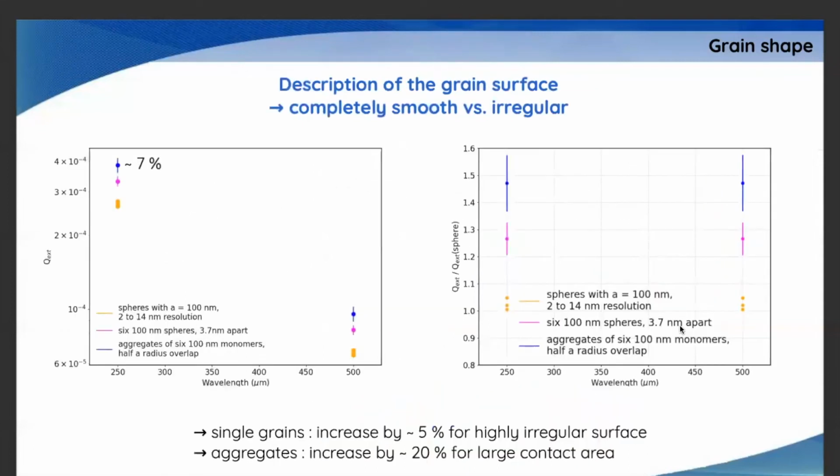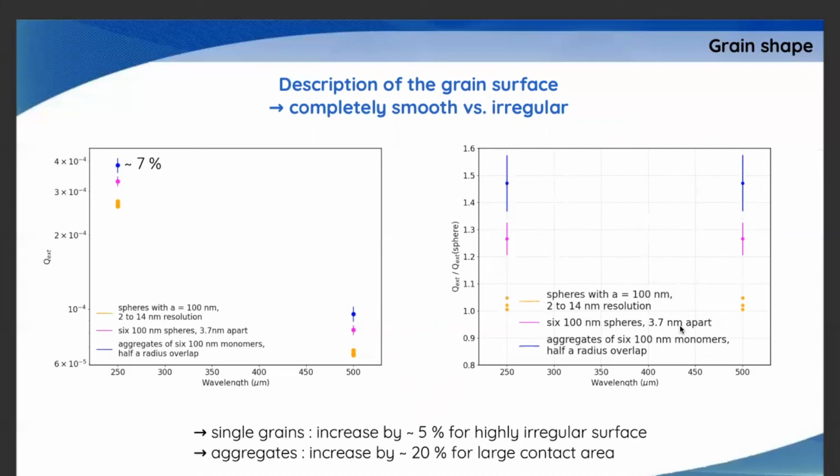Then you can be a bit more picky and ask what happens when I describe the grain surface differently. You can describe it as completely smooth, or irregular. Here I plotted the extinction efficiency. In orange, you have a sphere of 4.1 micron, and I describe its surface with a resolution of 2 to 14 nanometers, and here you have the variations.